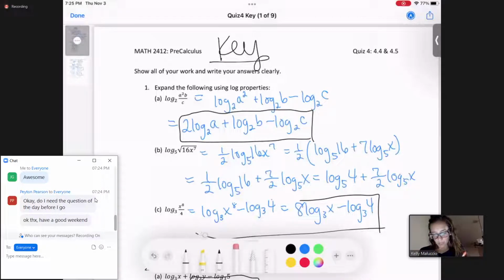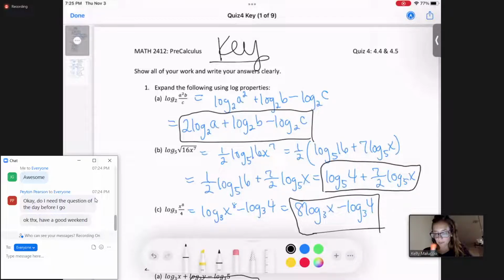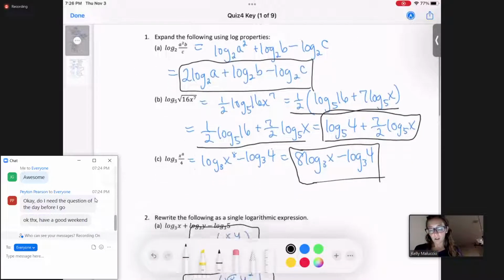So for these, it's just log problems. This was expanding, and I wanted you to expand as much as possible, and that was it, right? And then this one here, some people left the 1/2, some people did this. Any of these were fine. So if you think you had something like this and I marked it wrong, let me know. But otherwise, this was just expanding the logs, right?